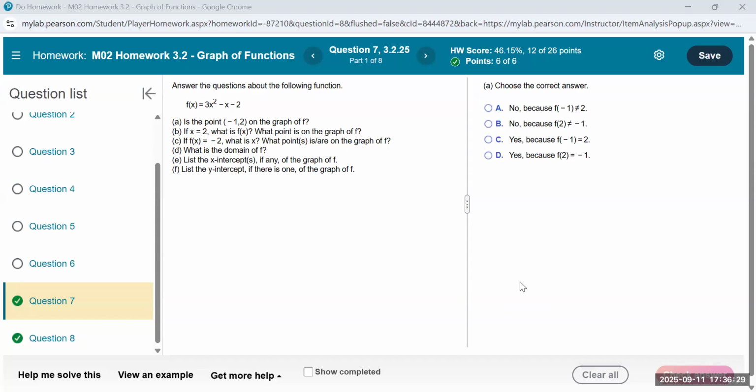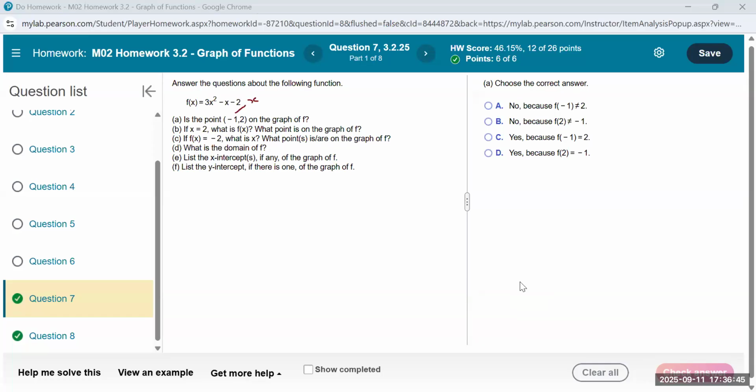Now what this question means is that whenever x is -1, your y coordinate should be what, a 2. All right, so we have an ordered pair. -1 is what, x, and your 2 is what, y.